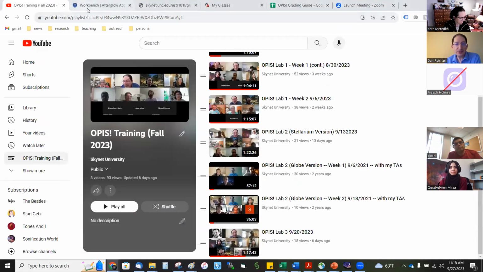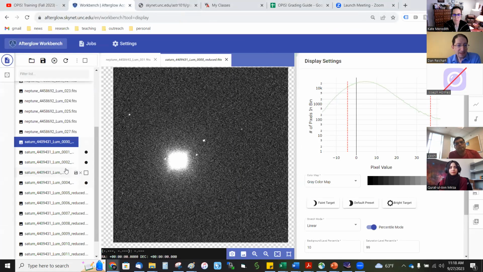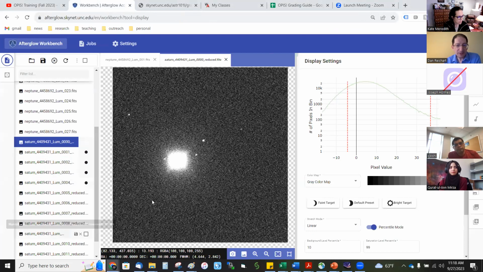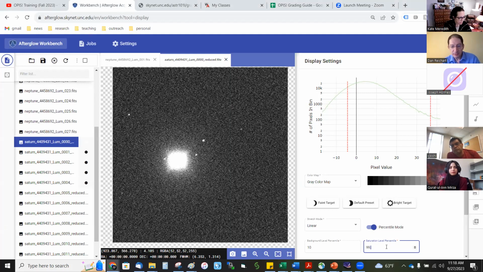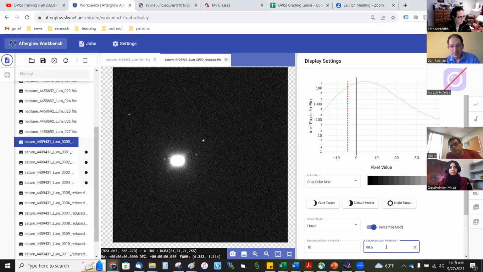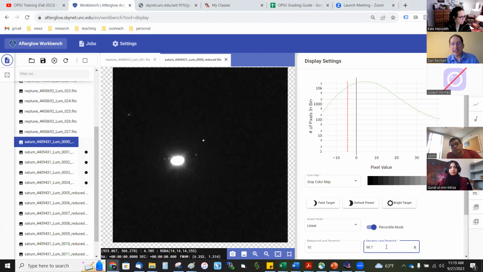So now let me show you how to do that in Afterglow. I have a sequence of images of Saturn. As we talked about before, we're going to want to adjust the brightness and contrast. That's too much. Let me back it down a little bit where I can see as many moons as I possibly can. If I go too far, I lose the moons.